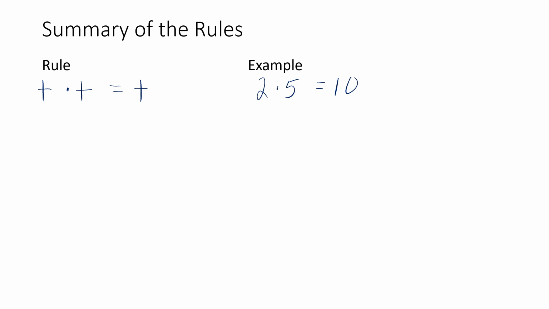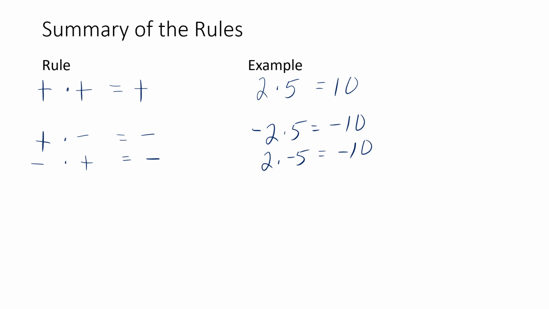Now, where it gets new is a positive times a negative will give you a negative, or obviously a negative times a positive would give you a negative. In other words, if the signs don't match. So if you have one number of each, an example would be -2 times 5, or you could have the 5 be negative, and we saw both of those illustrated. So a negative times a positive would give you a negative.